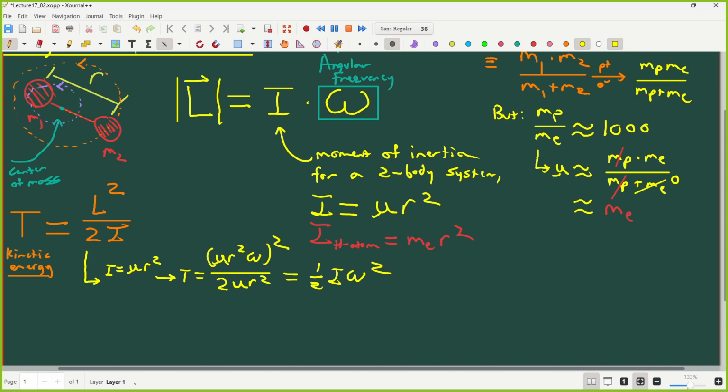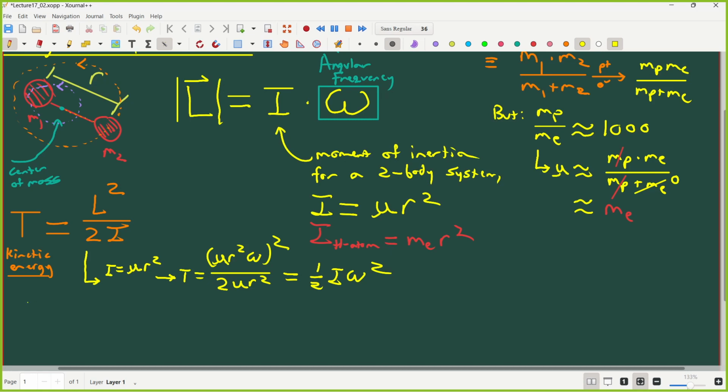Okay, but if the kinetic energy is equal to L squared over 2I, well, now if we want to promote these things to quantum mechanical operators, that means that L squared over 2I, the operator for L squared, whatever that is, the way that we measure the angular momentum, is related to the operator for kinetic energy. But we know how to write that.